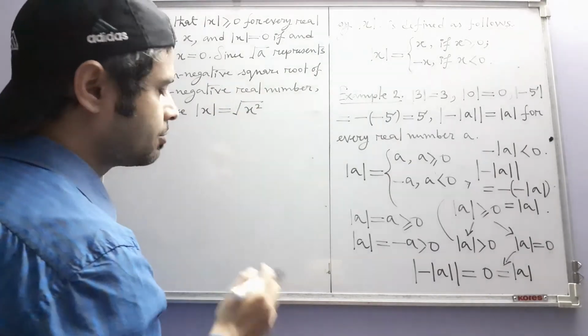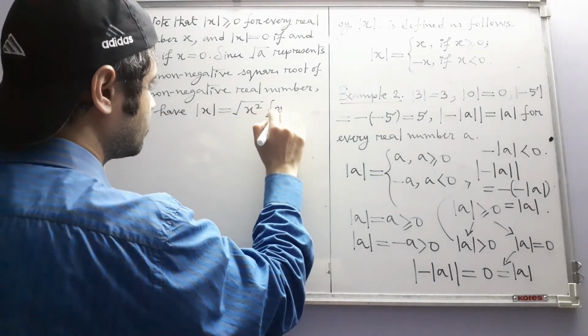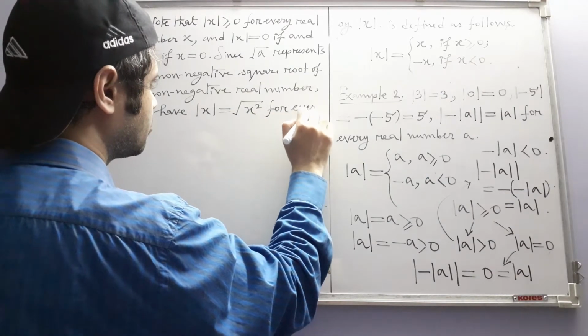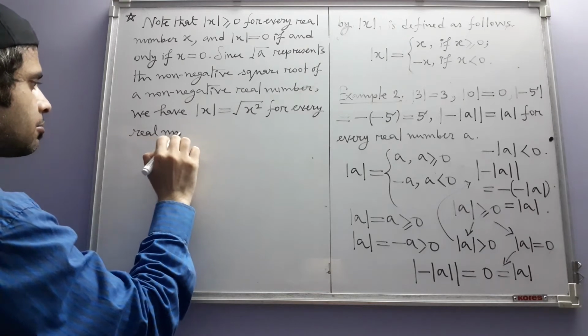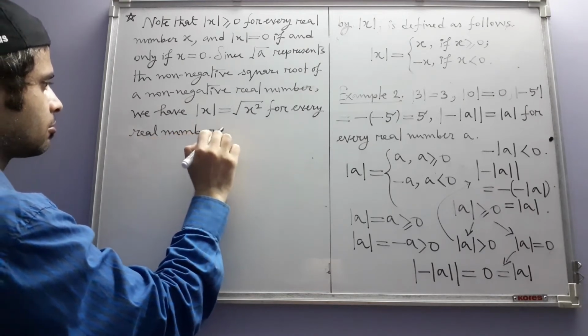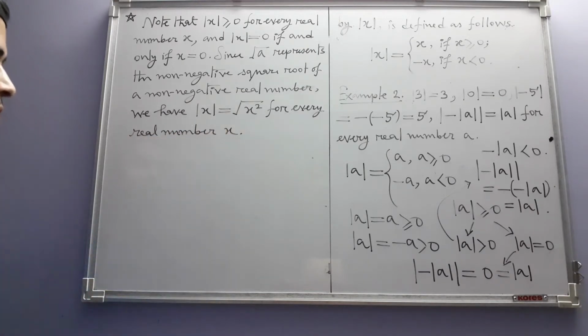This is another formula for every real number x. How is this true?